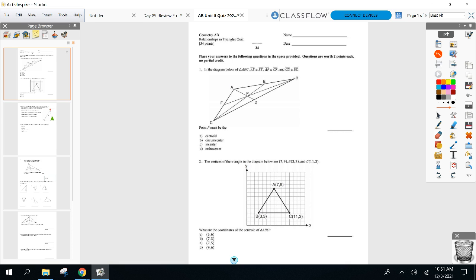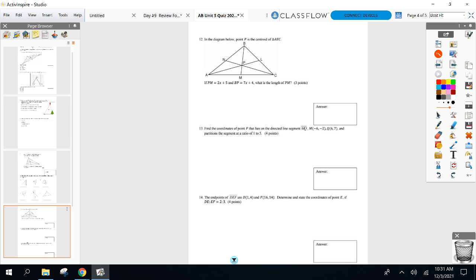Anything now that we're looking at the quiz? Again, these topics again on Monday. Anything we need to cover here?